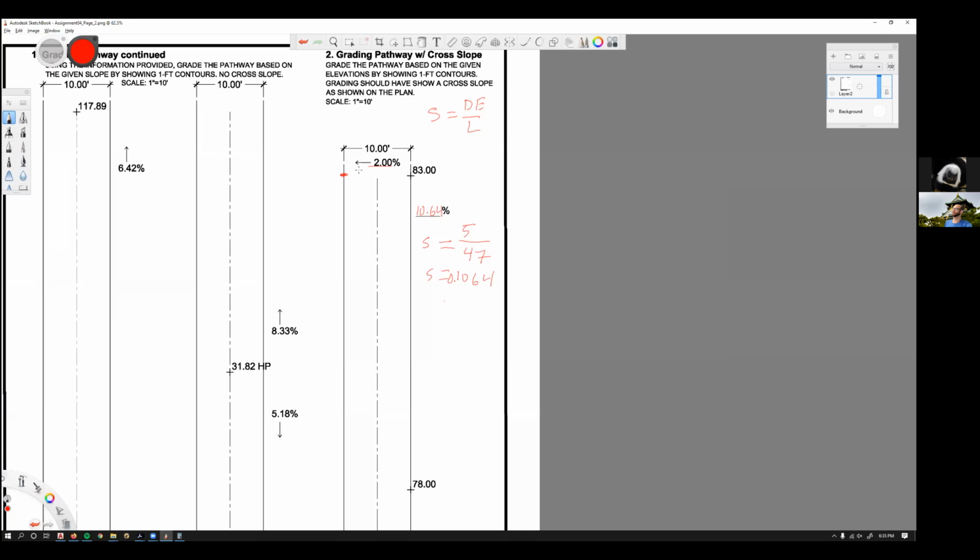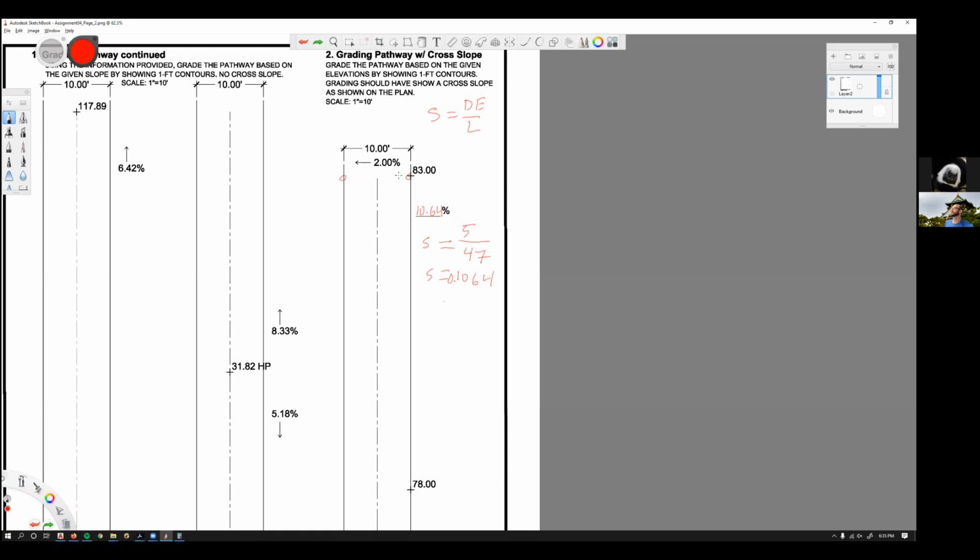Because of this cross slope, our contours aren't going to be exactly perpendicular to these lines. So the next thing we're going to do is figure out the difference in elevation between these 2 points, and we're going to take that difference in elevation and plug it back into the slope formula using the slope that we found, and that'll give us the length that second point is moving.